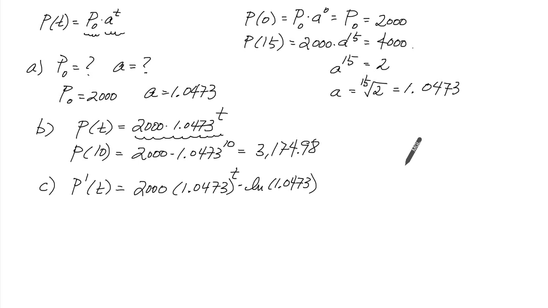Remember everyone, if I have a function b to the x, its derivative will be b to the x times the ln of the base b. That's as an aside there.